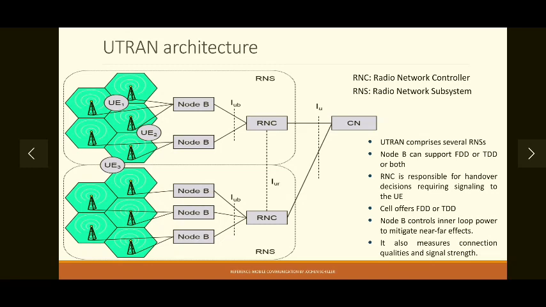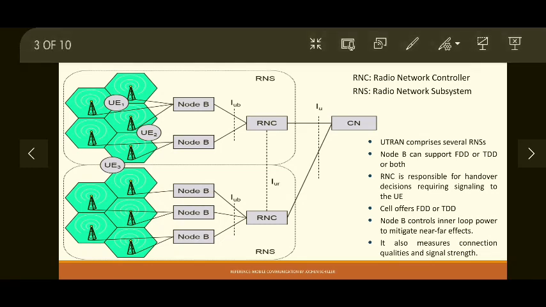So UTRA network comprises several radio network subsystems. Within that radio network subsystem, you will have one RNC, radio network controller, and several node Bs. Each node B can support frequency division duplexing or time division duplexing, or it may support both. Frequency division duplexing means uplink and downlink are separated by frequency: separate frequency for uplink and separate frequency for downlink.